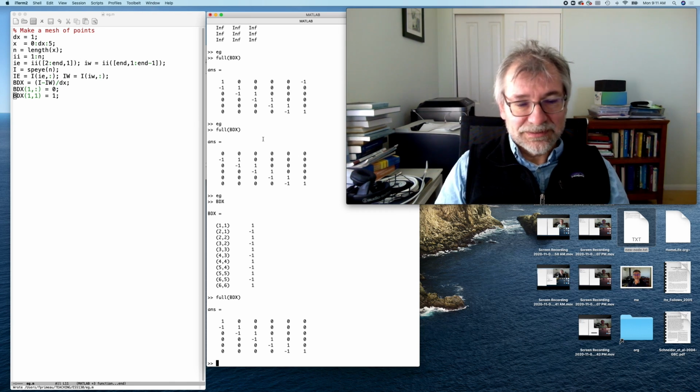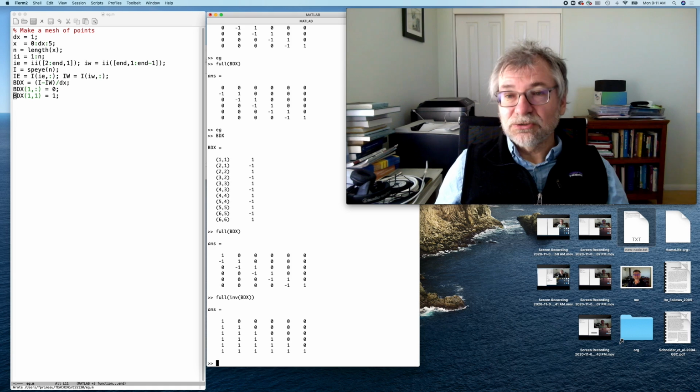And then the inverse, full of inverse of Bdx, now it just looks like a lower triangular matrix of 1s. If I was to multiply this matrix by a bunch of values, the first output will just be the first function value.